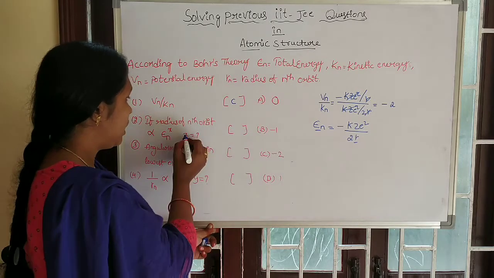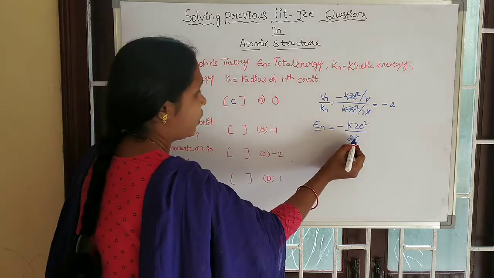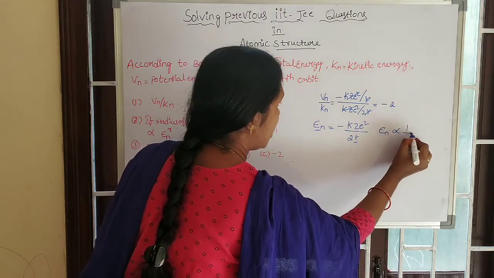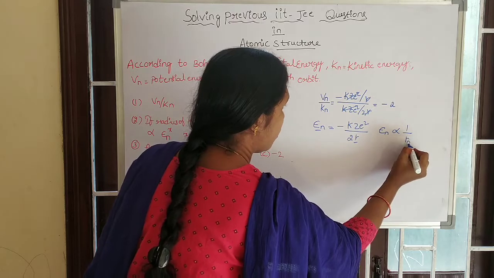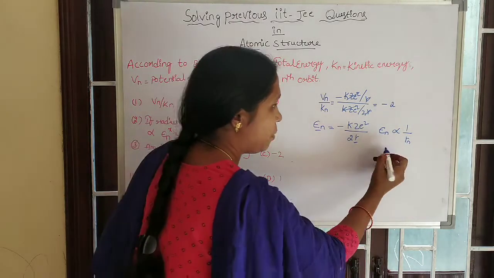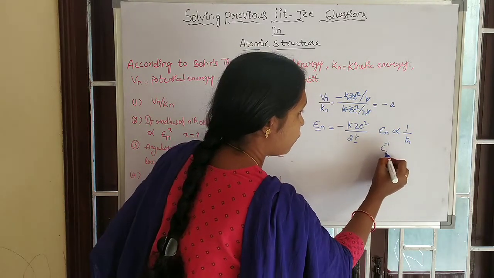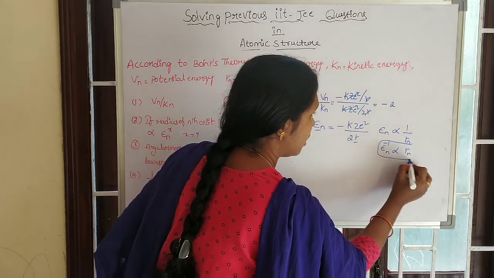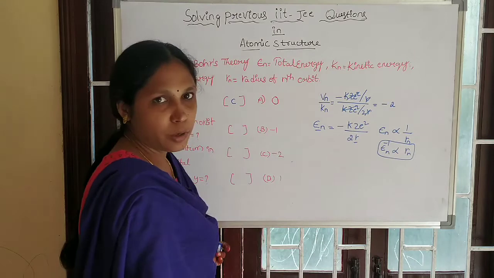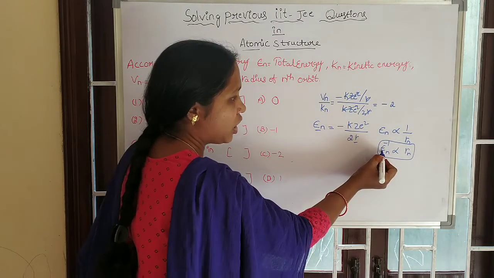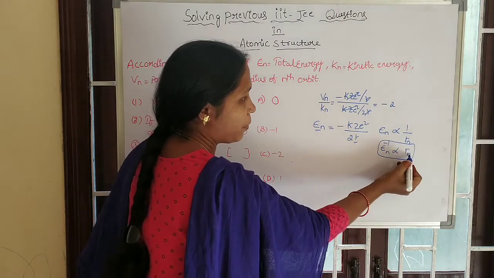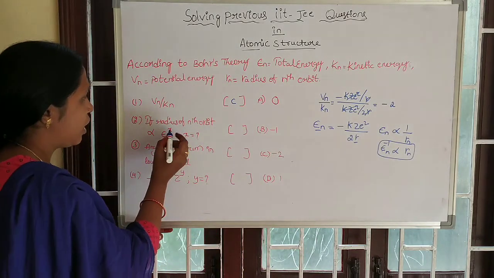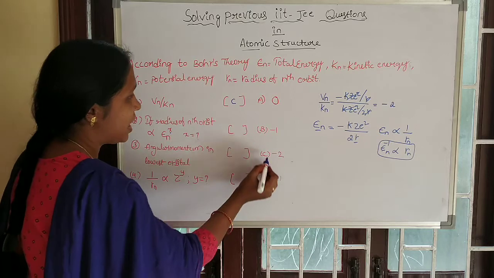So the inverse of the energy of the nth orbit is directly proportional to the radius of the nth orbit. So here the energy power is minus 1.